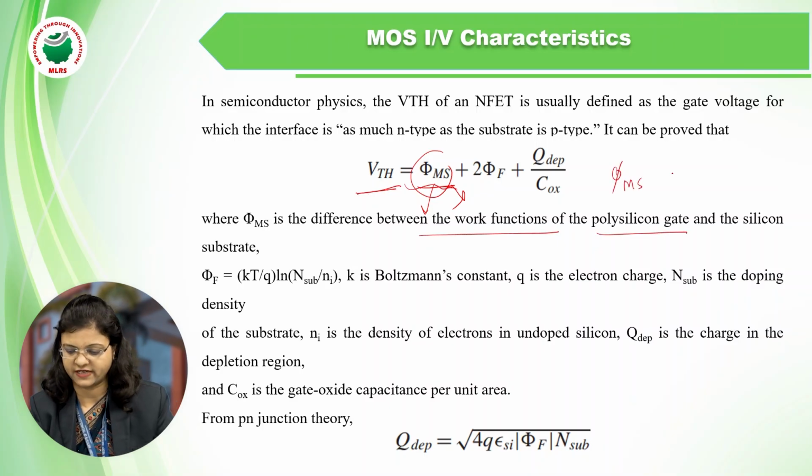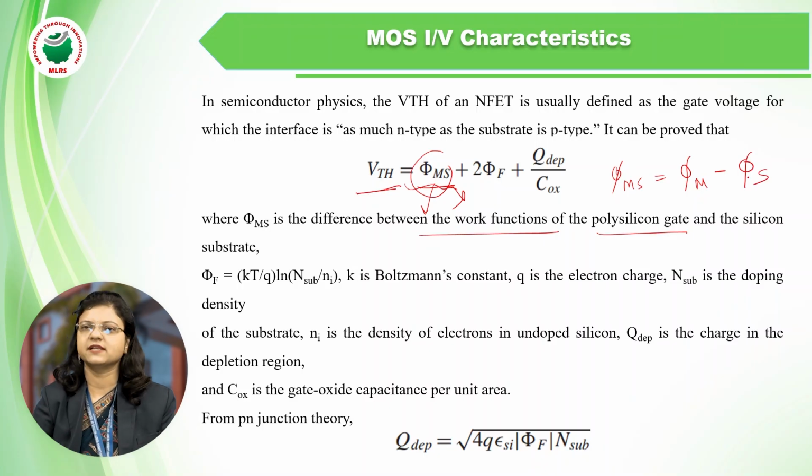We can write phi ms equals phi m, which is the polysilicon gate, minus phi s, where s stands for the silicon substrate. So phi ms is the work function difference between the metal and the silicon substrate.